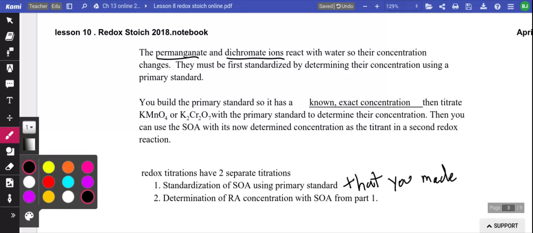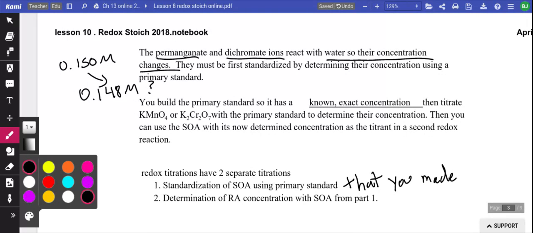Here's water. So both of them can spontaneously react with the water that they're dissolved in because they're aqueous solutions. So your concentration can change. So if I ask the lab tech to make 0.150 moles per liter, by the time I get it out into the lab, it might be 0.148, but I don't know that.